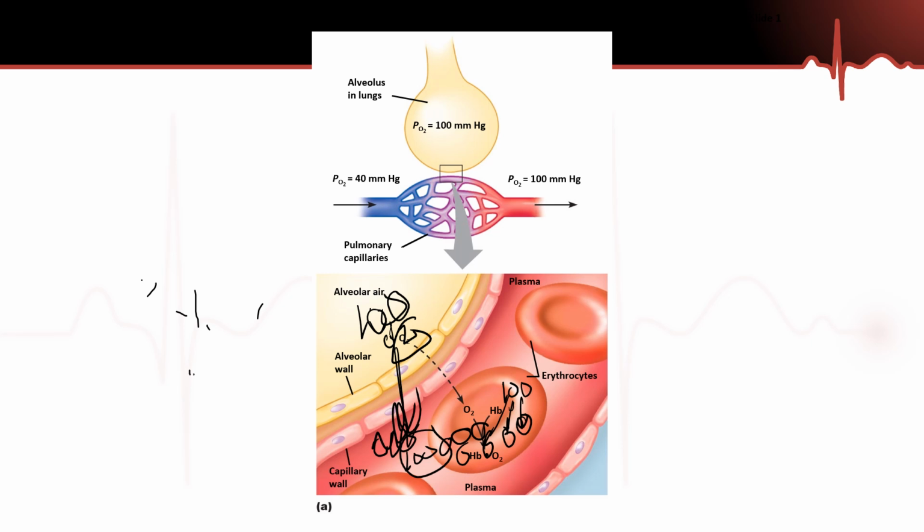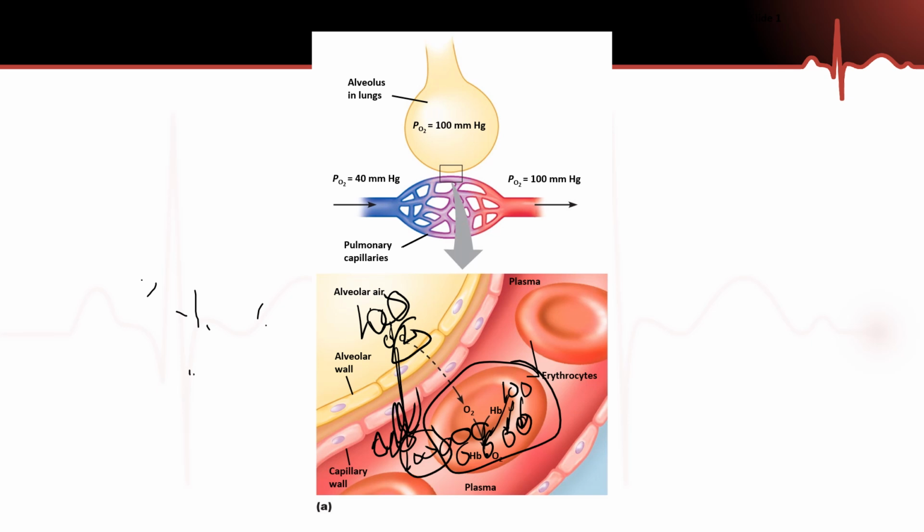So what effect is that going to have on the partial pressure of oxygen within the intracellular fluid of the red blood cell? What I'm saying is, as hemoglobin within this red blood cell binds more and more oxygen, it's extracting that oxygen from the intracellular fluid of this red blood cell.